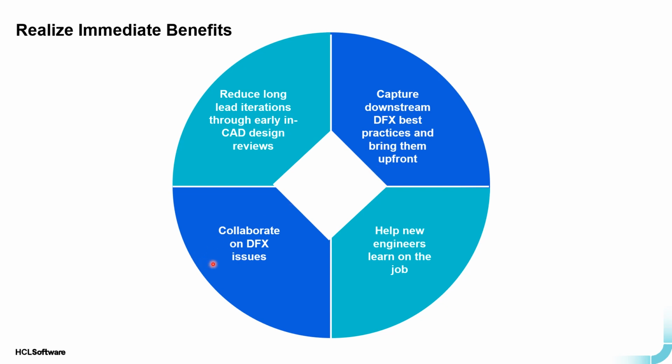One can collaborate between various departments on DFX issues using CATIA integrated results or standalone reports with comments and images. This also helps new engineers learn on the job and design right the first time through upfront design recommendations and integrated help.